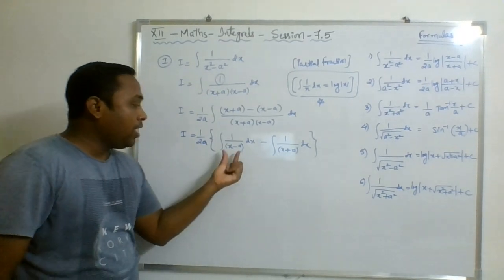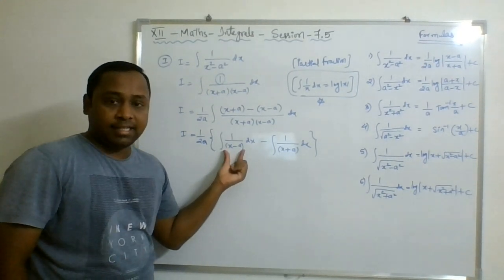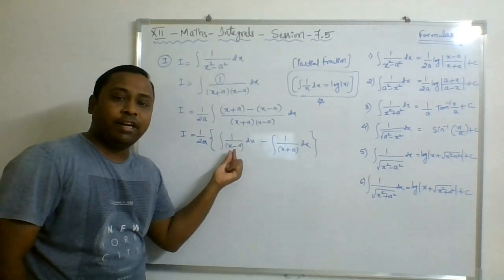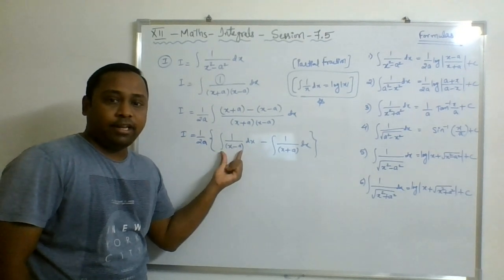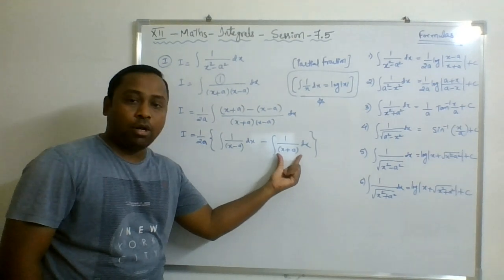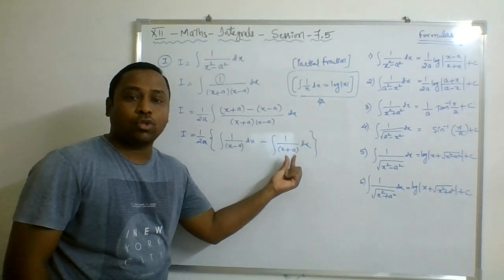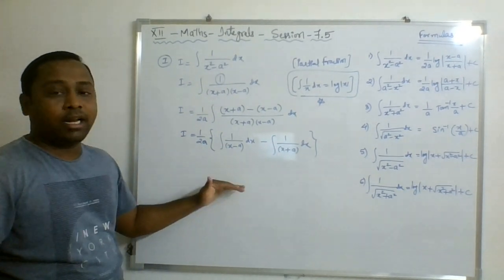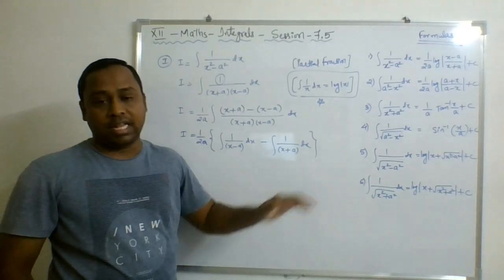Let us say, for 1 by x the formula is there, and if we observe the derivative of x minus a, the derivative of x minus a is what? 1. Here also the derivative of x plus a is 1. So you can directly apply the formula to get the answer.